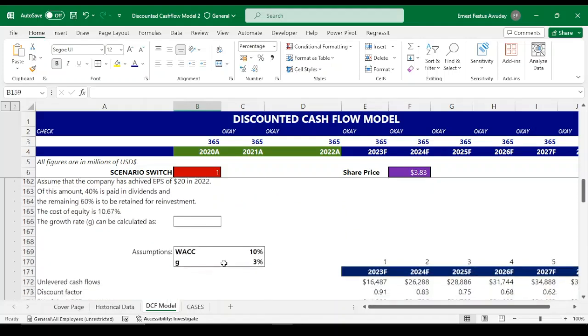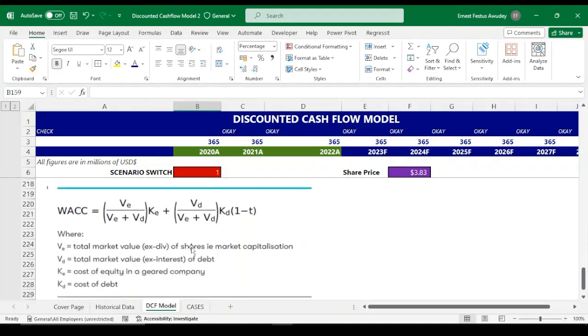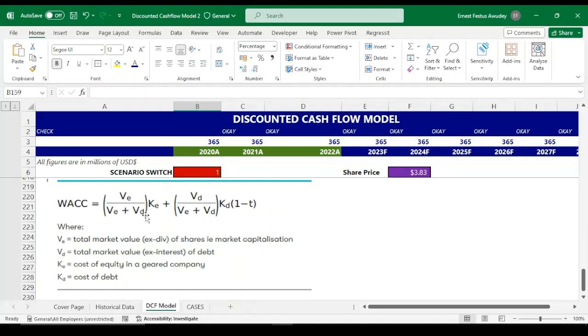Now, going back to the WACC formula, you see cost of equity here, the KE. Now, the KE is also calculated. All right, the cost of debt after tax here is also calculated. Now, the KE can be calculated in two ways. And then we are going to use just one of them, the most popular one, and that is what we call the CAPM.